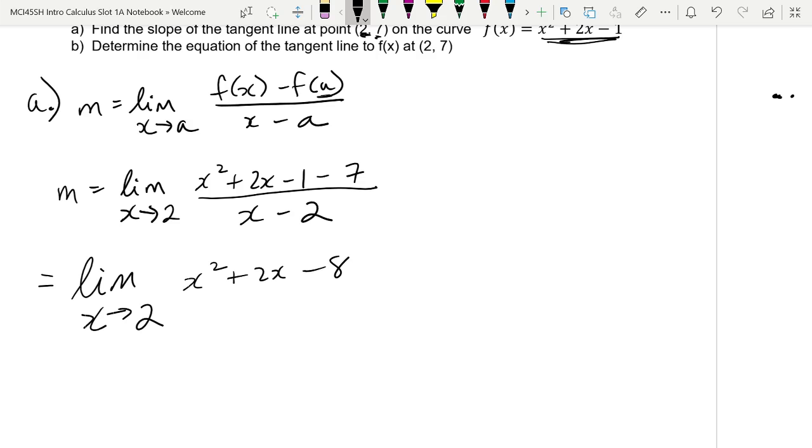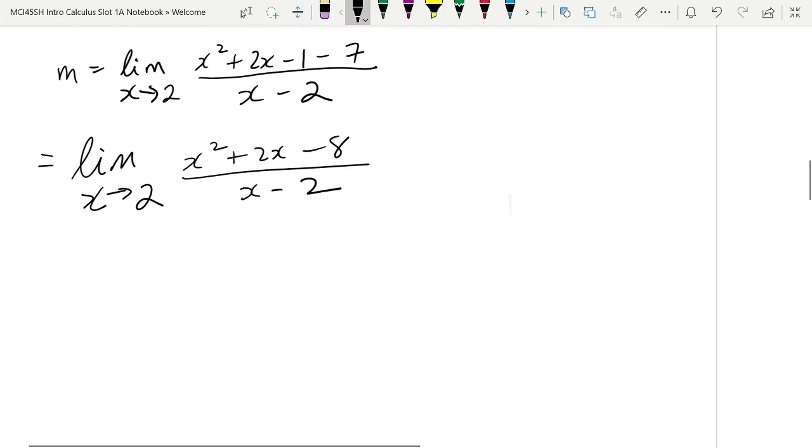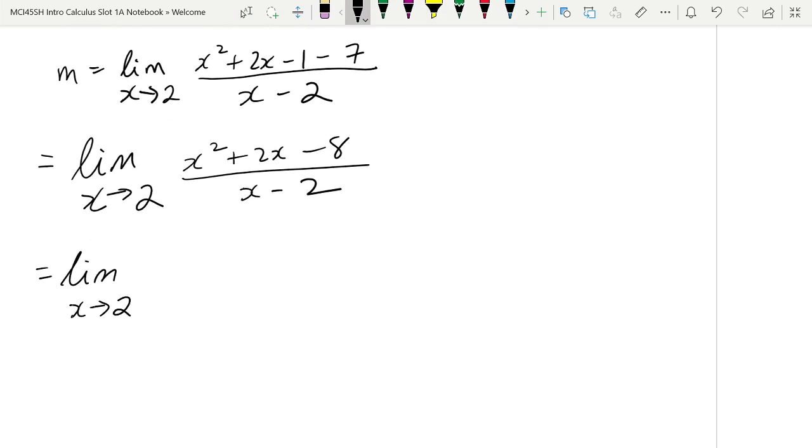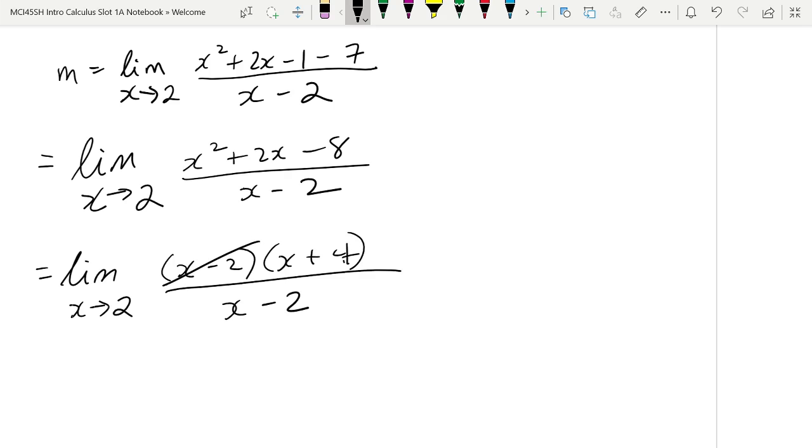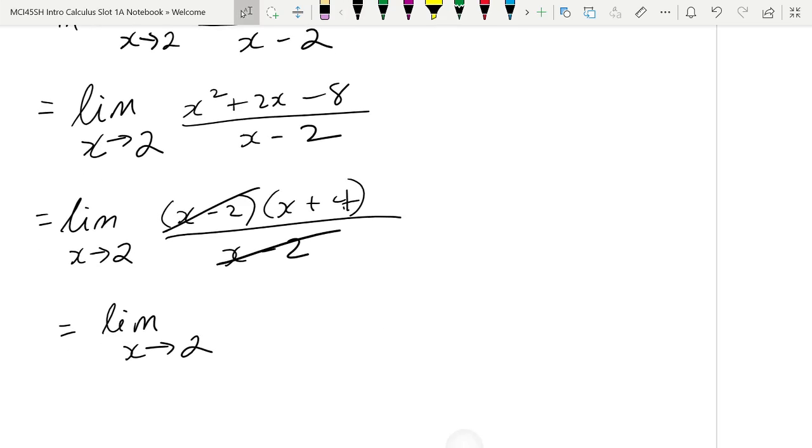And then we have to see if there is an algebra method we can use that'll cancel that denominator, because right now we can't plug a 2 into that denominator. And it looks to me like I can use my factoring techniques, because the numerator factors into x minus 2 and x plus 4, which means those factors cancel, which means it's the limit as x approaches 2 of x plus 4.